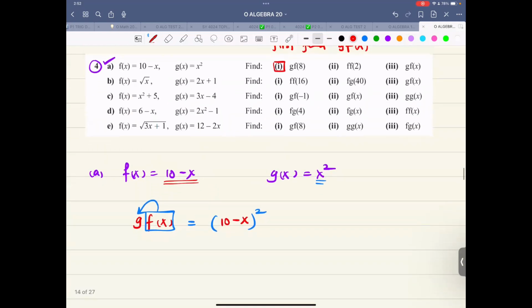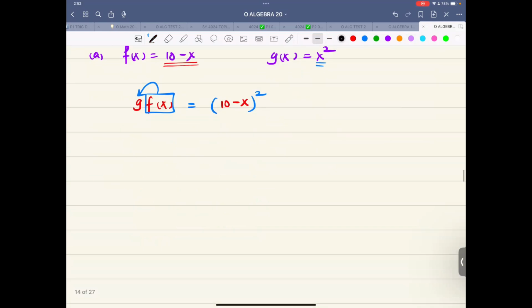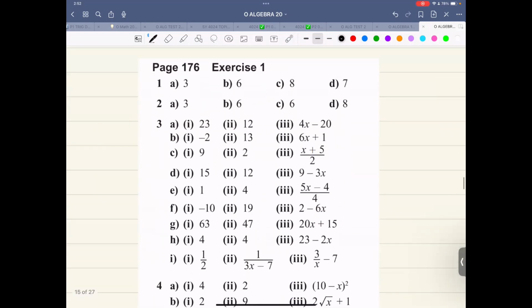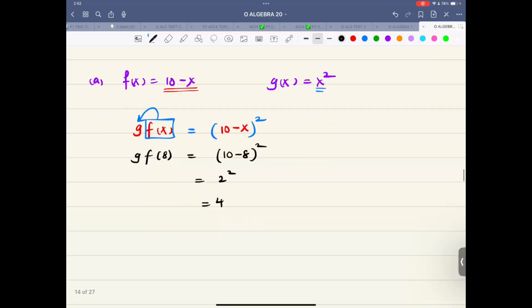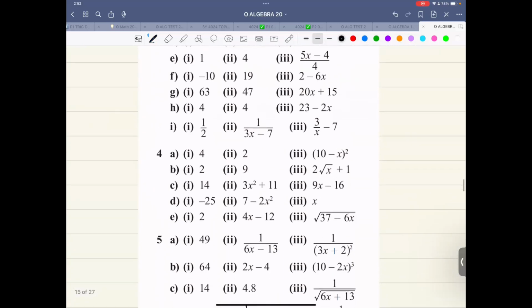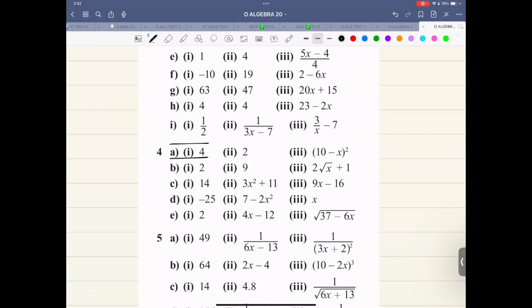Now let me evaluate g(f(8)). So g(f(8)) is 10 minus 8, the whole thing squared, which is 2 squared, which comes out to be 4. Basic question. Let's double check. This is 4 part A, part 1. That's right over here.